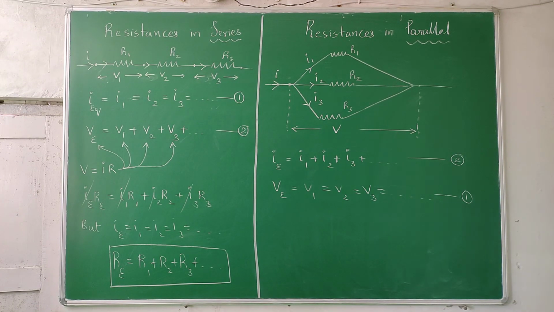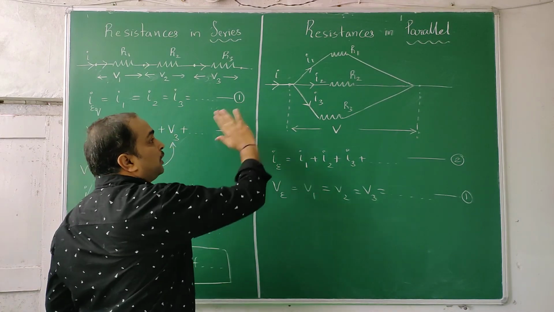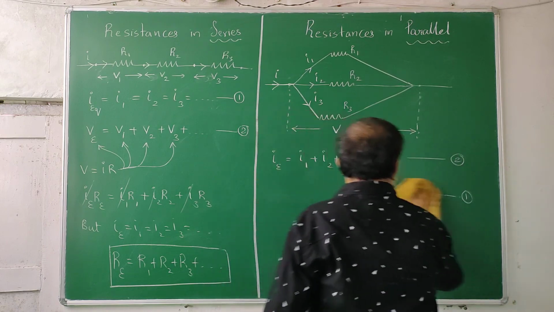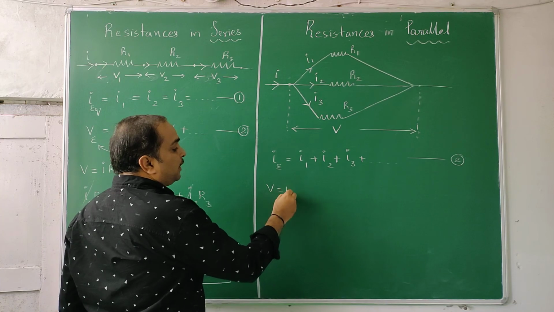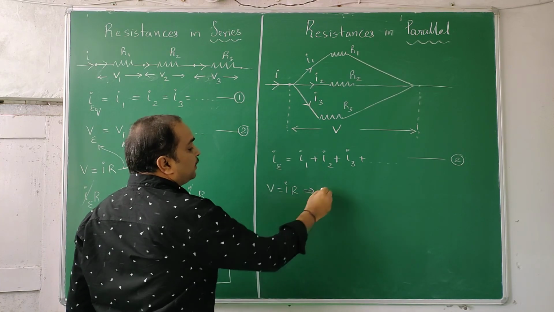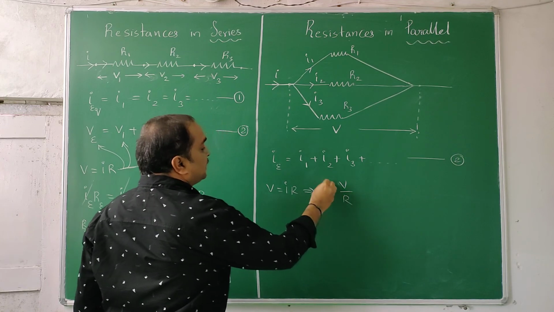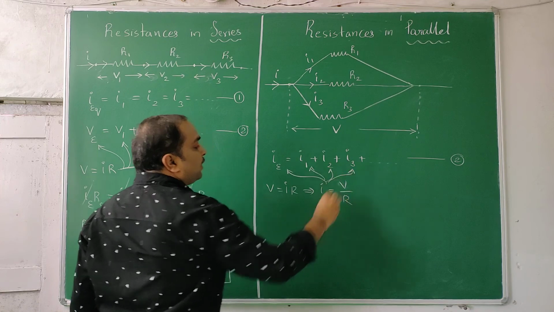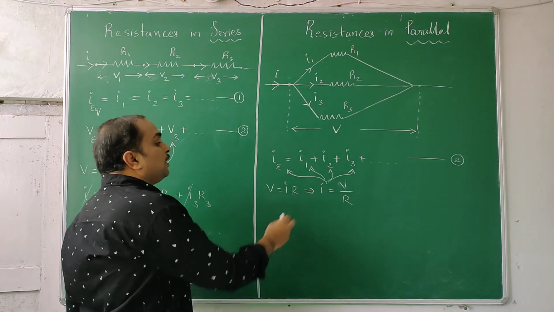Okay, we shall continue. So here currents are to be added. You understood that potentials are the same, so this equation we have to use later on. Now what I can write is the same: V is equal to IR, which implies I is equal to V by R. I can use this here, here, here as well as here, because that equation individually holds true for every given resistor.